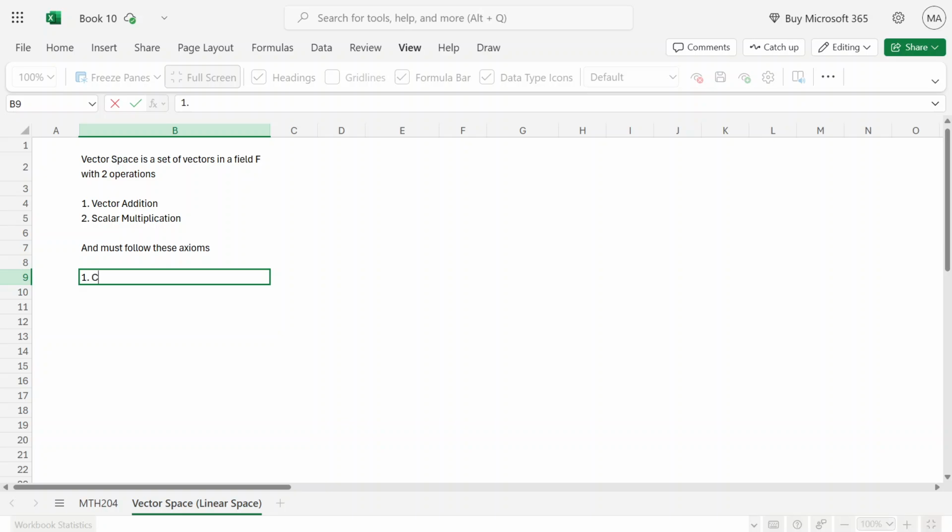The first one is the closure. In your head, just remember that the first one is the closure. Then under this closure, you can derive 2. So the first one is closure under vector addition.